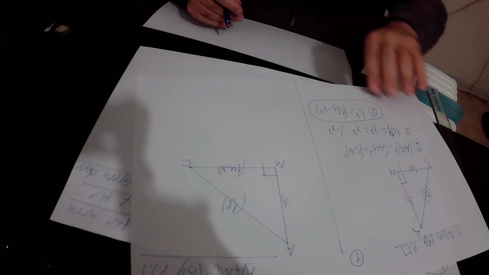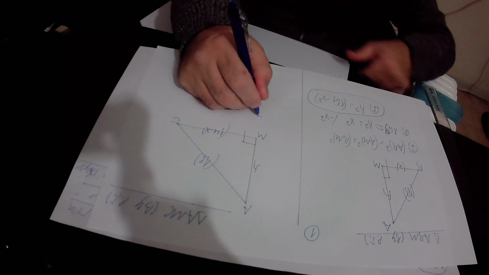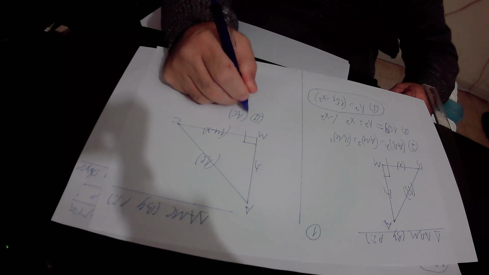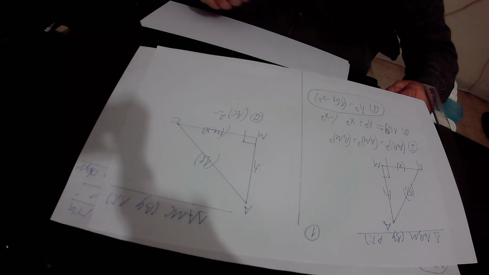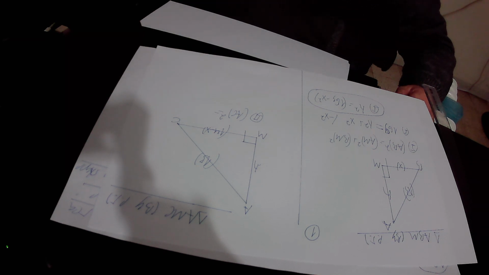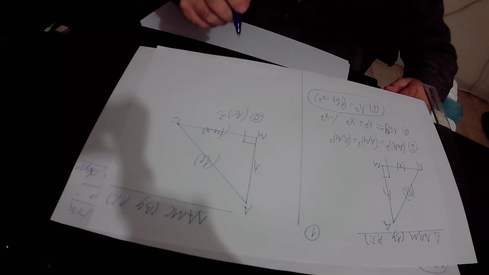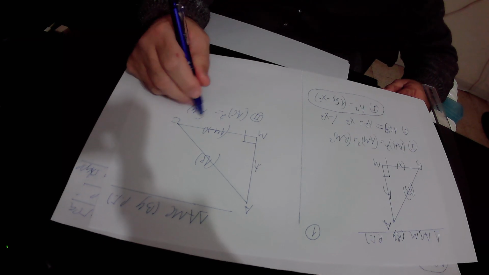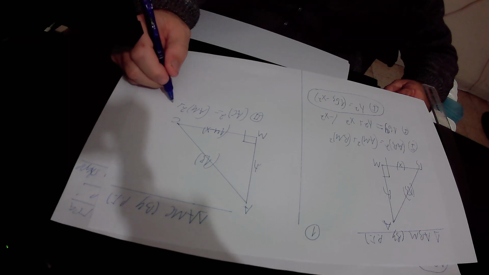That is to say, the hypotenuse is AC, therefore AC squared must equal AM squared plus MC squared.